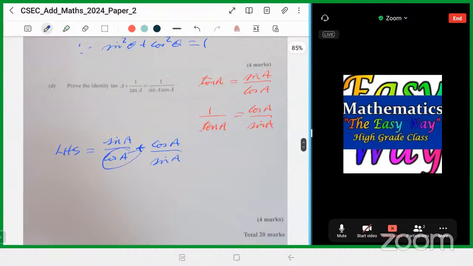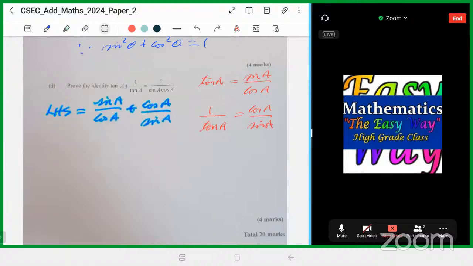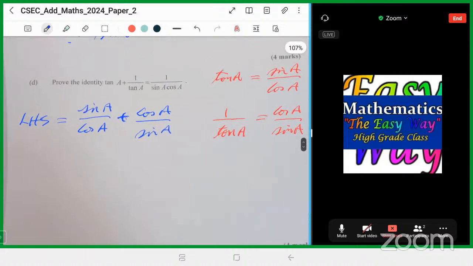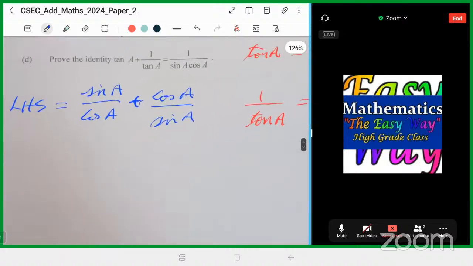We want the two denominators to become the same. Let me shift this up. So what I'm going to do, let's put the letters to show what I'm going to do in red. I'm going to multiply the numerator and denominator of this fraction by this one.